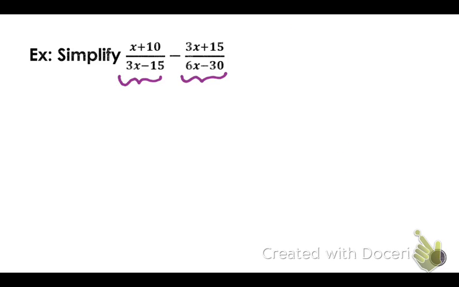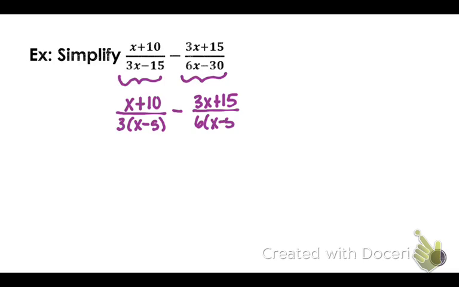So the tip here is let's go ahead and factor the denominators on both of these fractions. My greatest common factor would be a 3 here. I would factor that out. Minus, I've got 3x plus 15, and in the denominator, my greatest common factor is a 6. So now if I look at these two terms, I want a common denominator.